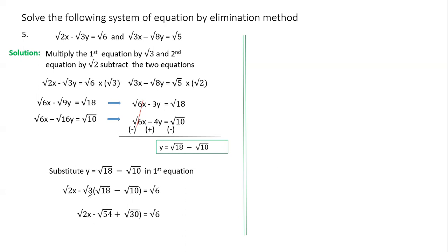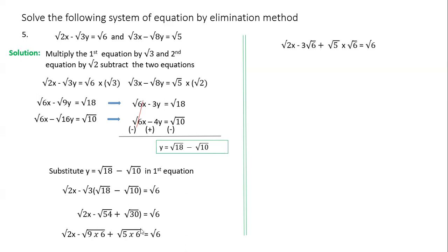Root 2x is equal to root 18 times 3, that is root 54, minus becomes plus 3 into root 10, that is root 30, is equal to root 6. Now, root 54 could be written as 9 6s are 54, and root 30 could be written as 5 6s are 30.